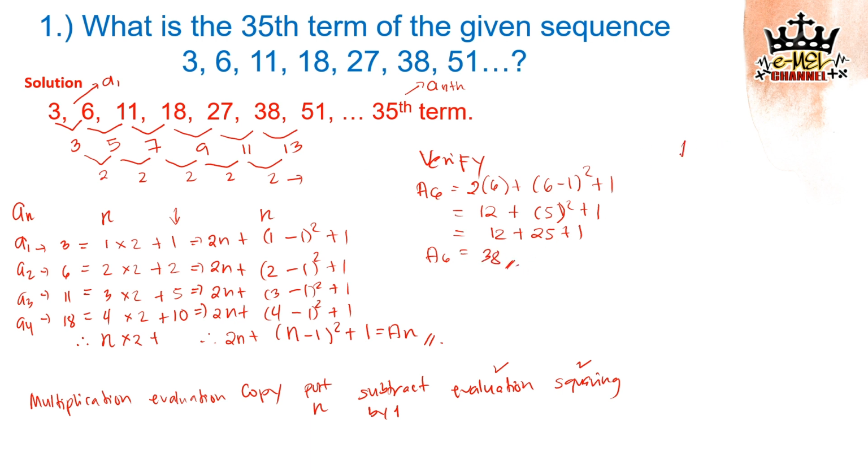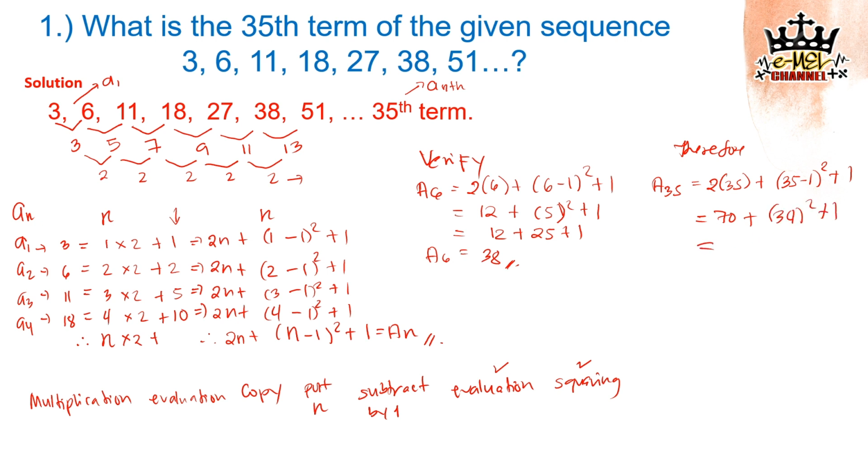Therefore, you can now solve for our main problem, the 35th term. Using the formula, substitution: 2 times 35 plus (35 minus 1) squared plus 1 equals 70 plus 34 squared plus 1.